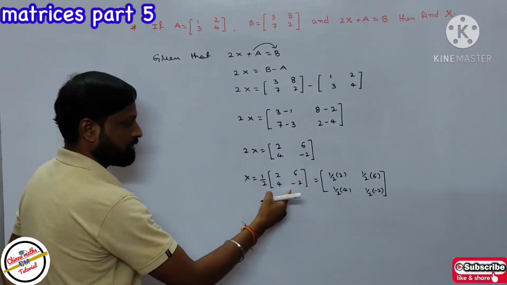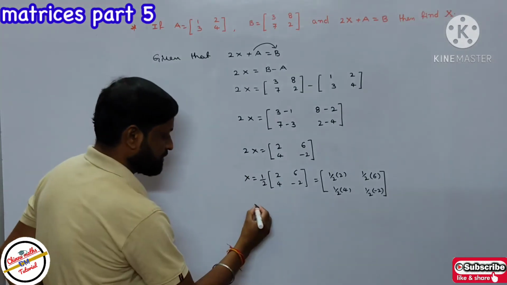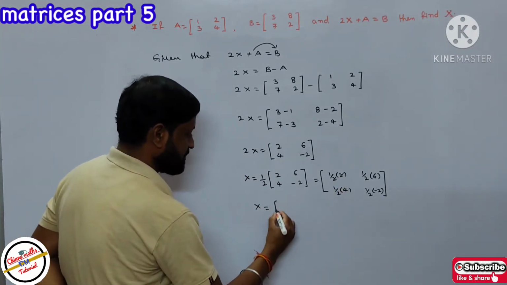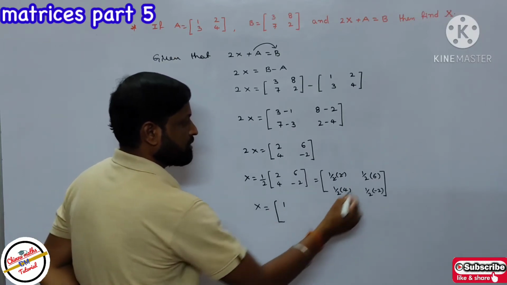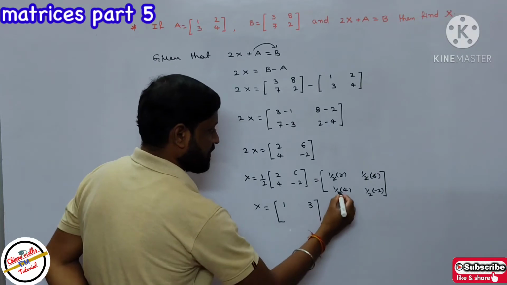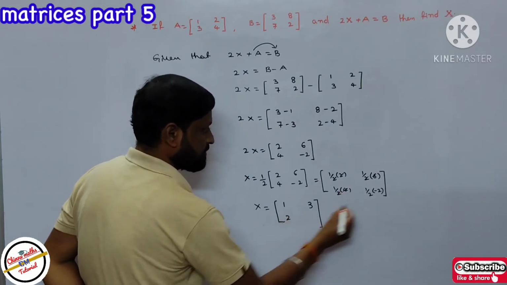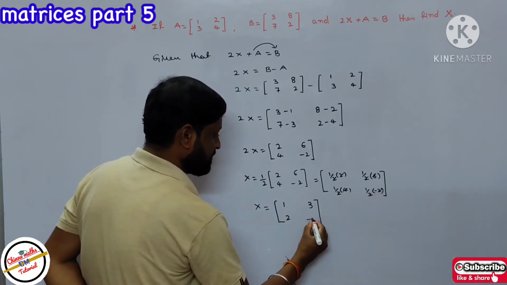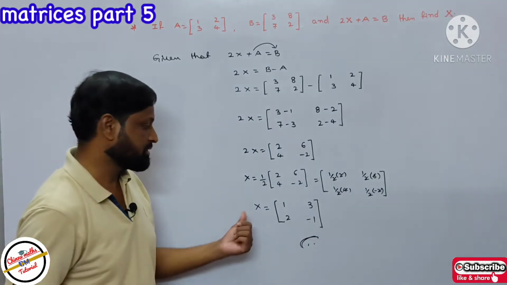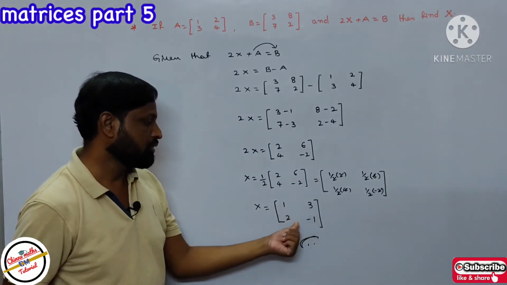The 2s get cancelled. So the first element is 1, then 3, then 2, and minus 1. So the required matrix is X equal to [1 3; 2 minus 1].